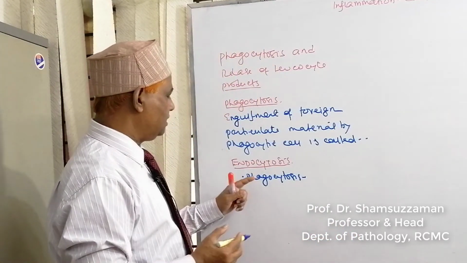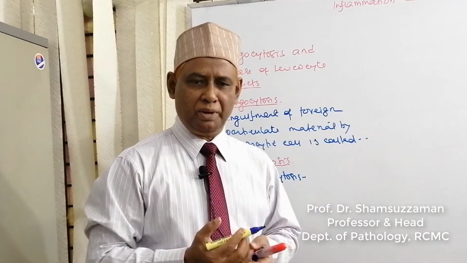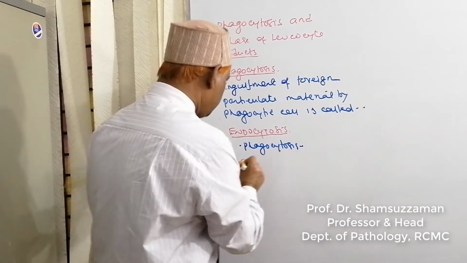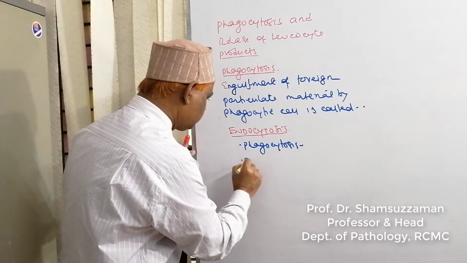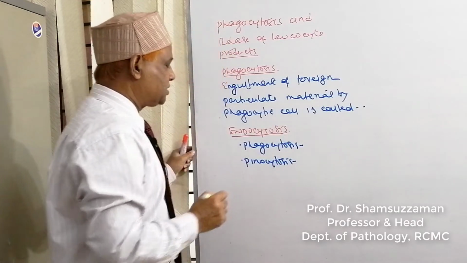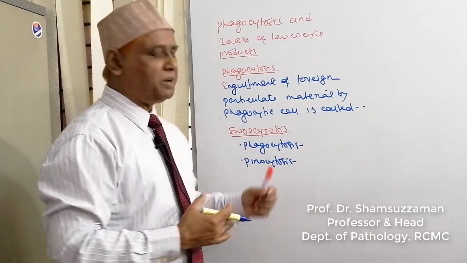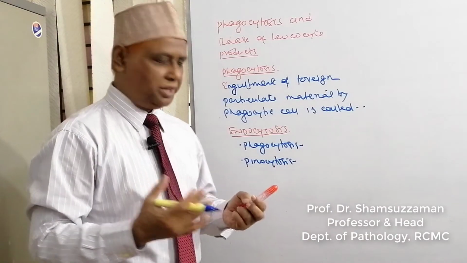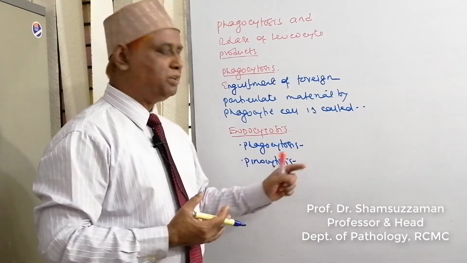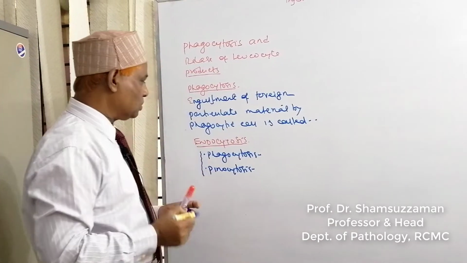When the cell eats solid material, it is called cellular eating, or phagocytosis. Another is pinocytosis, called cell drinking. It is the engulfment of liquid or fluid. Engulfment of solid is called phagocytosis. Engulfment of liquid or fluid is called pinocytosis. And these two come under the heading of endocytosis.